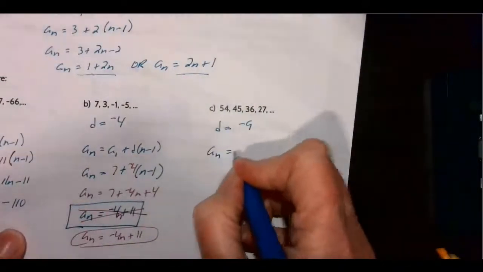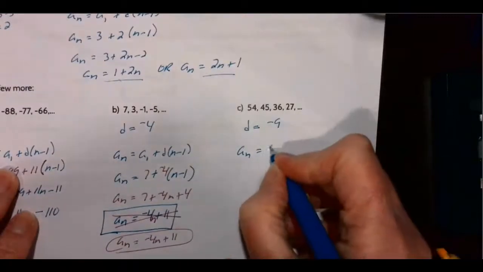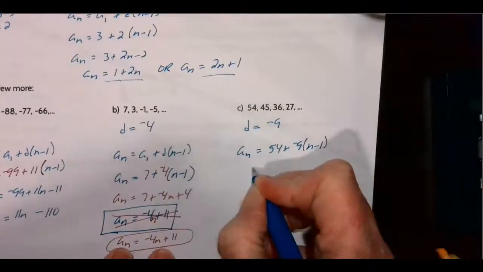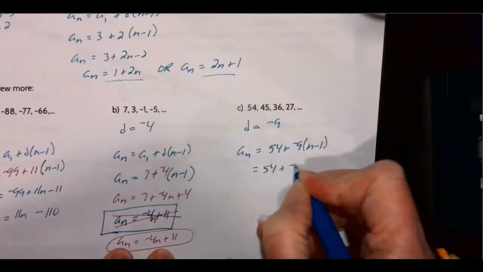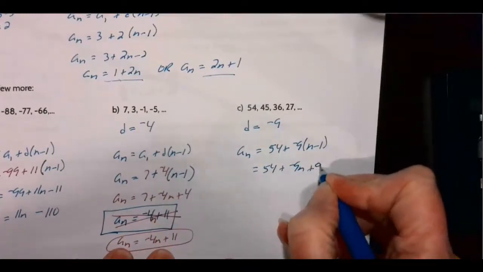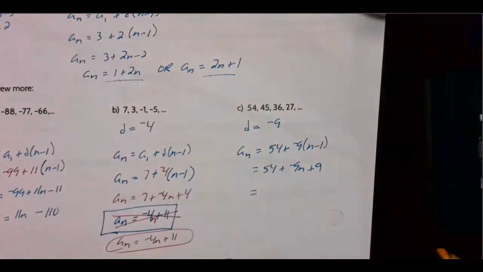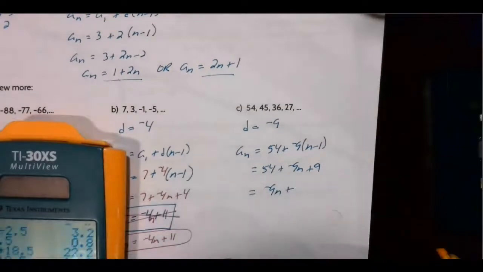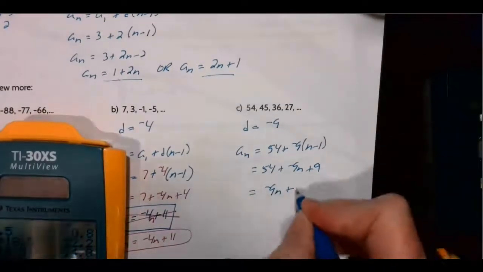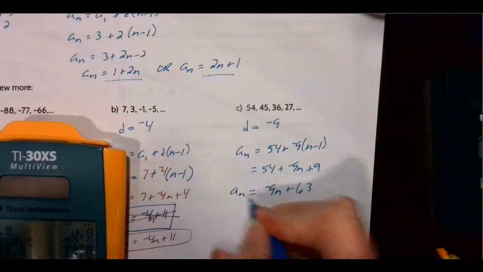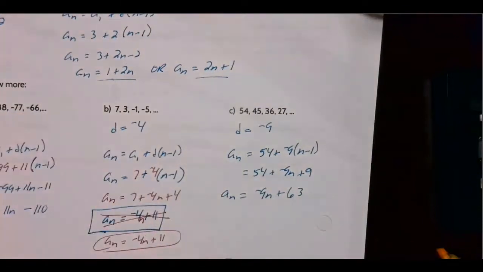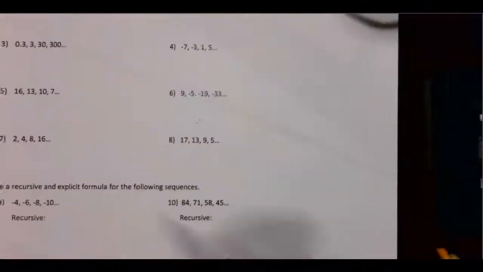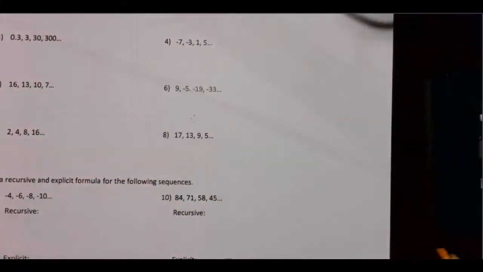A sub n is equal to a sub 1, which is 54, plus the difference times n minus 1. So a sub n is negative 9n plus 63. Okay? Not anything real difficult, but the more you practice, the better you get at them.